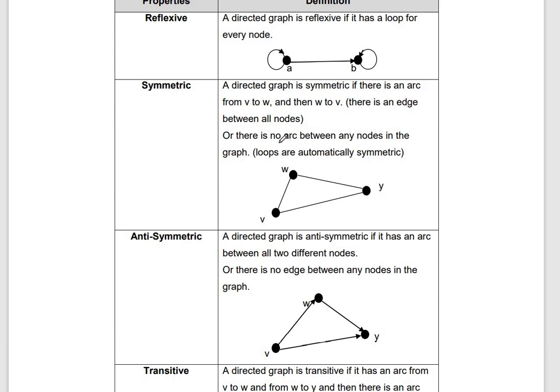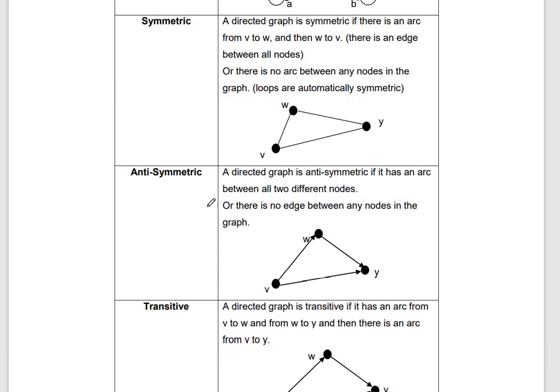So in case of symmetry, you must have V to W and W to V. So means that dia kena ada edge. So for all of connection between two nodes tu, dia akan ada edge. W to Y ada edge, Y to V ada edge, V to W pun ada edge. Or on the other hand, dia kata there is no arc between any nodes. Tak boleh ada arc. Dia kena ada semua edge.